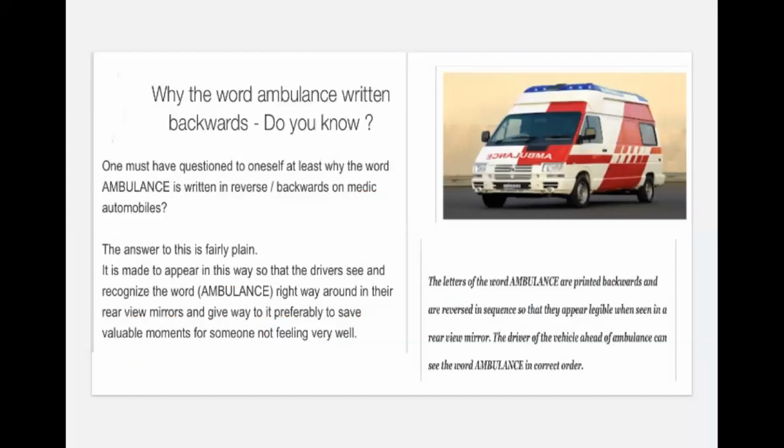We make use of lateral inversion in an ambulance. The word ambulance is written in a backward fashion. You can also say in a reverse fashion. So in the image, each and every alphabet gets flipped and you actually get to see the correct form of the word ambulance.